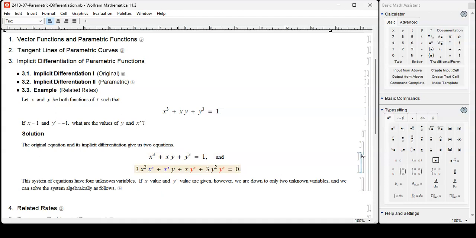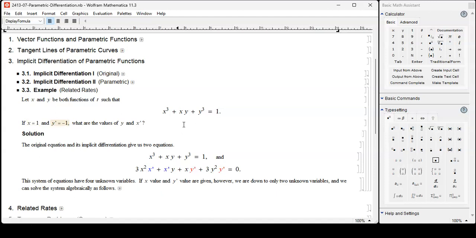Consequently, we have two equations. But we have four unknown variables: x, y, x prime, and y prime. So normally this is not a well-posed system. You cannot solve it. But sometimes the problem gives you, in this particular case, x equals 1 and y prime equals negative 1.